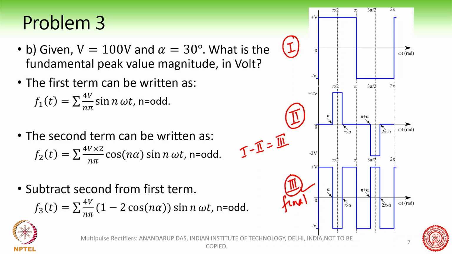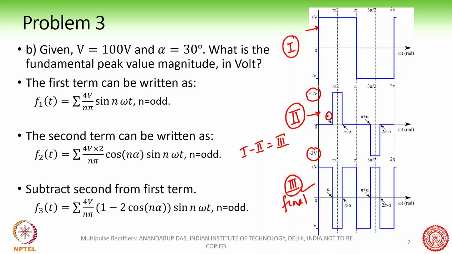Okay, and how are we doing this? You see here, the first waveform is a full square wave, and in waveform 2 we have introduced this notch at the angle alpha, right? But note that the amplitude of the second waveform is plus 2v and minus 2v.